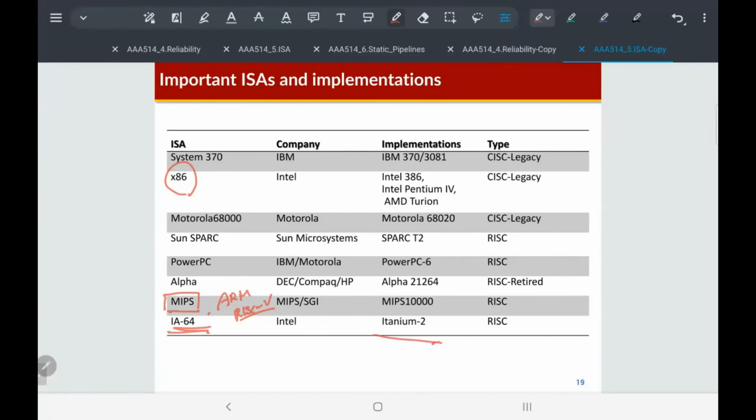Recently Intel dropped the Itanium, maybe 4 years ago. This is also a RISC type ISA, and it's different from x86. Intel had developed the x86 ISA, which is a 32-bit ISA.